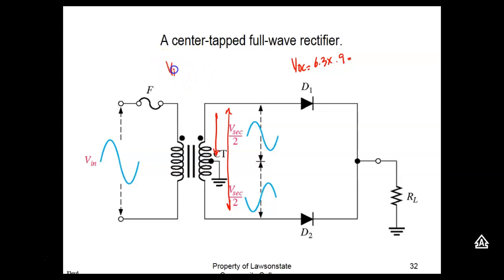Or we could do the whole math. I could say my volts DC would be equal to 2 V peak over pi, V peak out. So I'd say 6.3 divided by 0.707. This is V peak on the secondary.